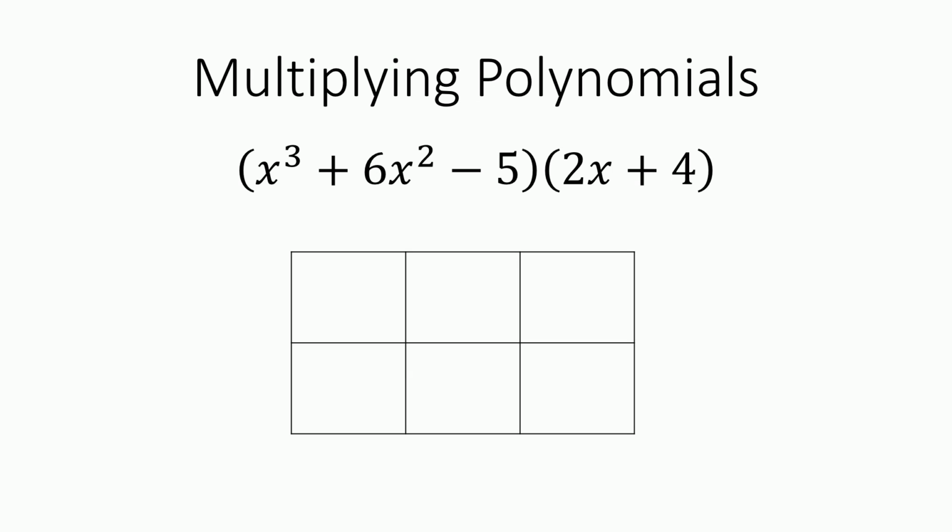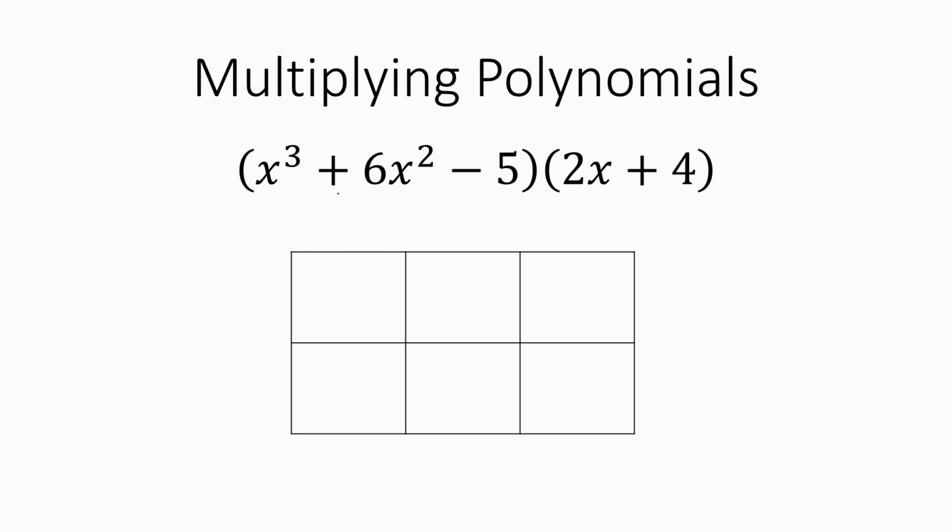When it comes to multiplying polynomials, we have to make sure that we multiply everything inside this set of parentheses by everything in this polynomial. A polynomial is just a set of terms that all have the same variable, and each term will have different powers.